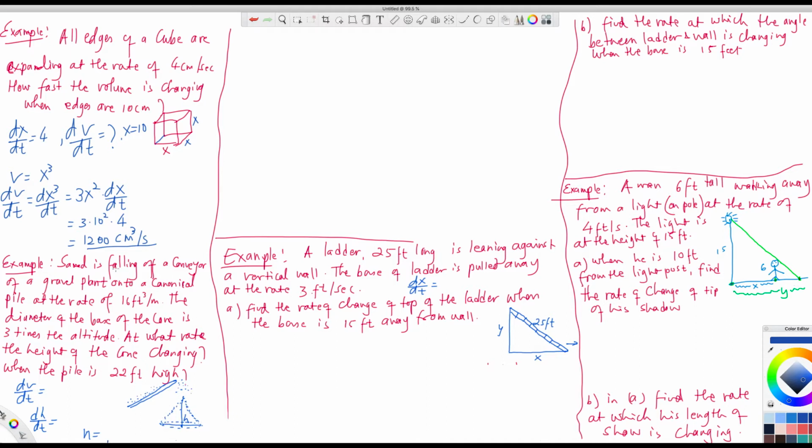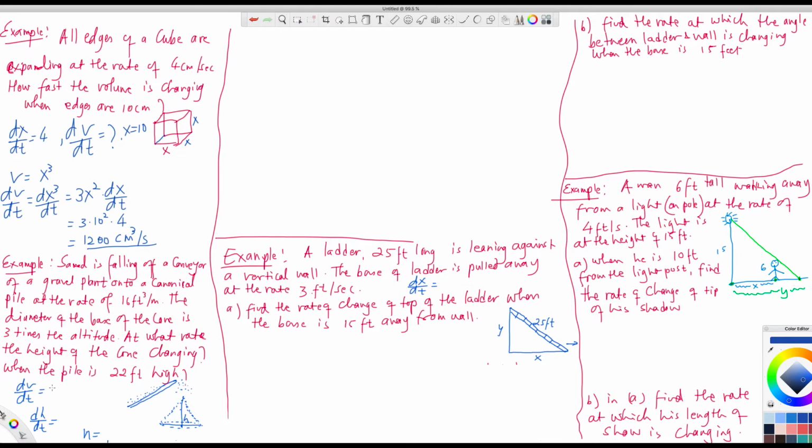So sand is falling off a conveyor of a gravel plant onto a conical pile at the rate of 16 feet cubed per minute. Here the sand is falling onto this cone-shaped pile, and how much sand is falling is 16 feet cubed per minute.